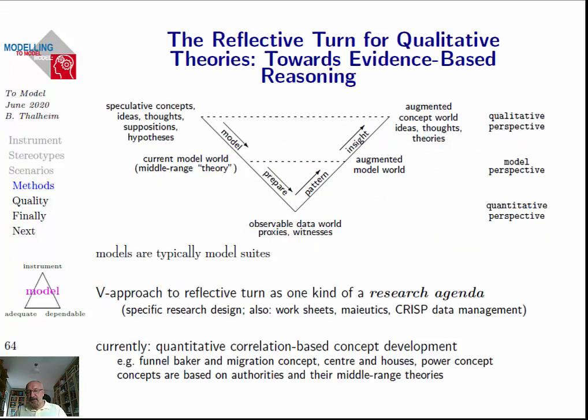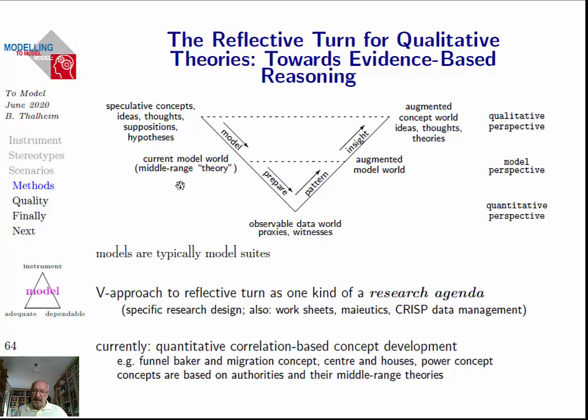We can also use the reflective turn for qualitative theories. You go with some kind of speculative concepts, with ideas, thoughts, suppositions, hypotheses. You model them and then you get some kind of current world model. That is a generalization of middle range theory.